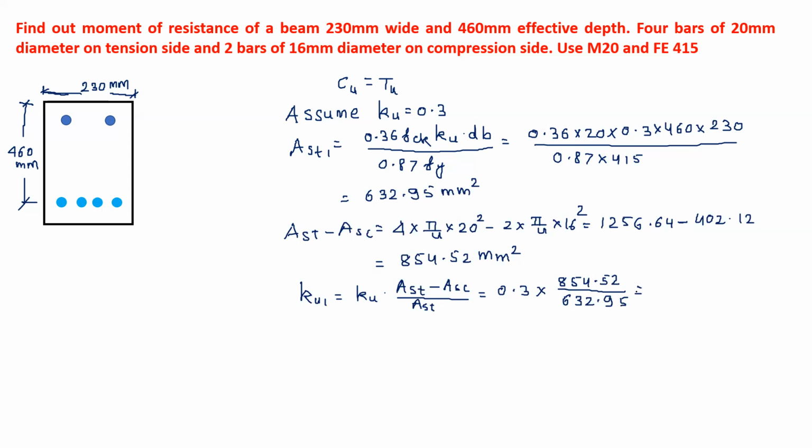Substituting these values and calculating, we get the value as 0.41. From this you find the first trial of xu. So we have Ku1 into D, 0.41 into D, which is 460. We have this value equal to 188.6 millimeters.